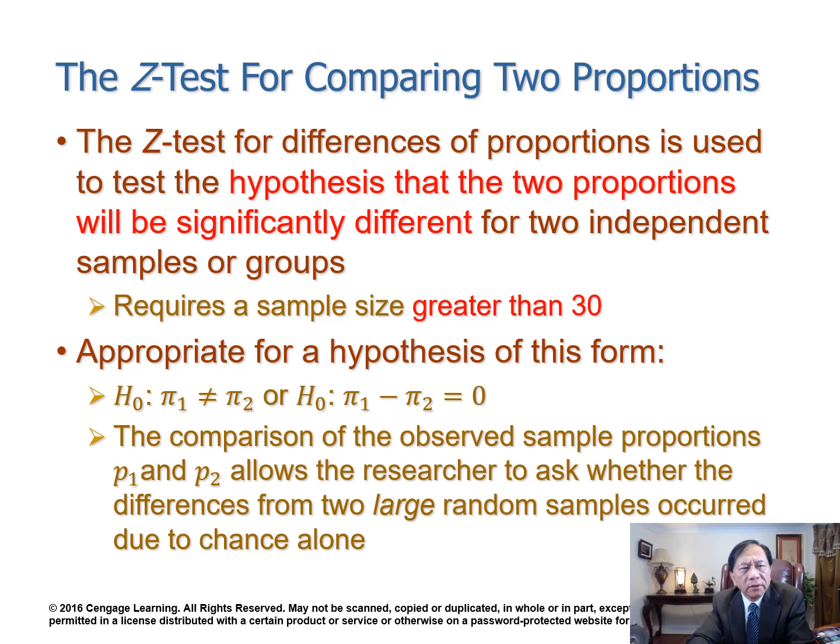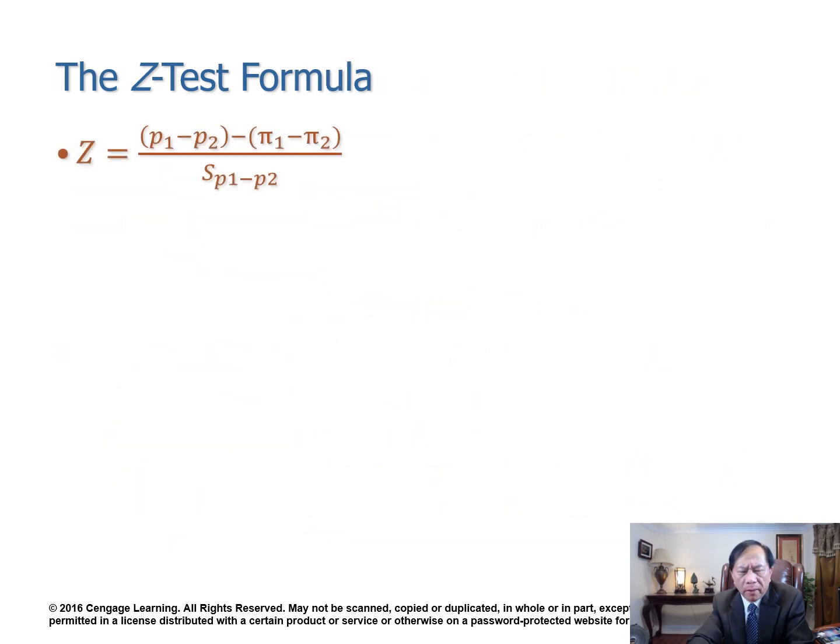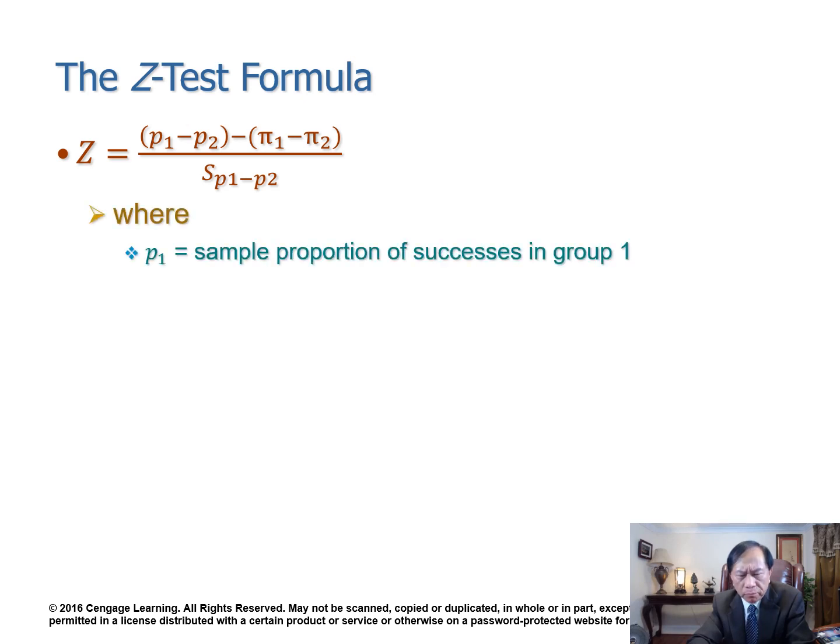The comparison of the observed sample proportions P1 and P2 allows researchers to ask whether the difference from the two large random samples occurs due to chance alone. The z-test formula for the proportion is P1 minus P2 over pi 1 minus pi 2. P1 is the sample proportion in group 1.